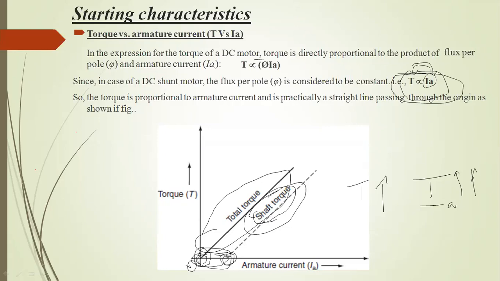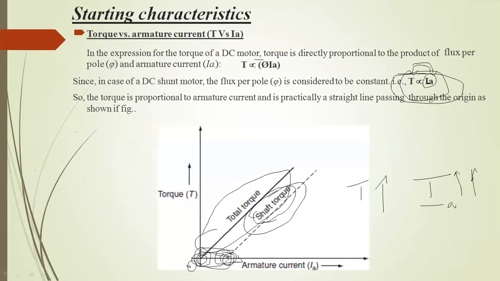Here we have to consider one important note: at the time of starting, to generate a high starting torque, the shunt motor needs a large amount of armature current. Why? Because the torque always depends upon the armature current.